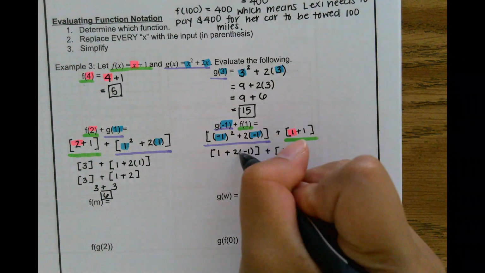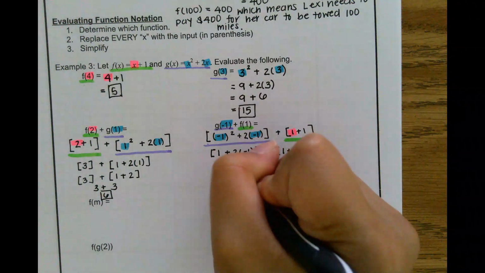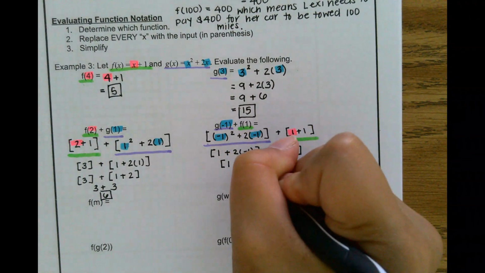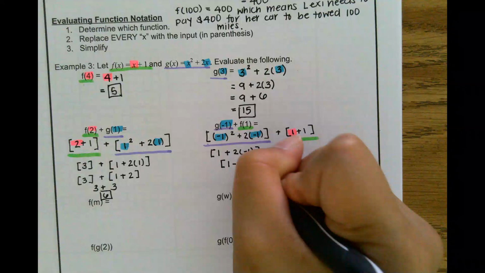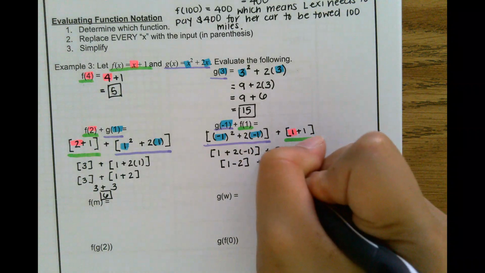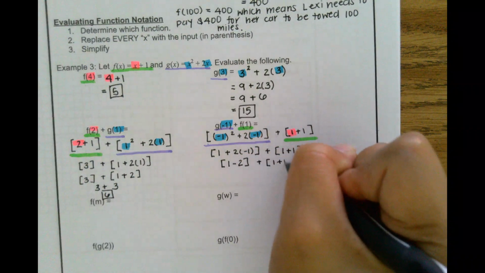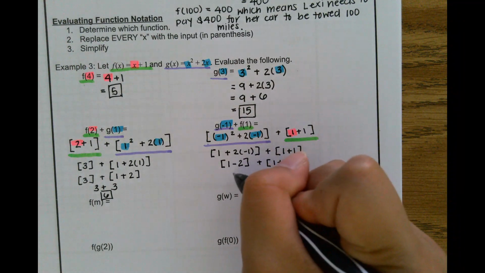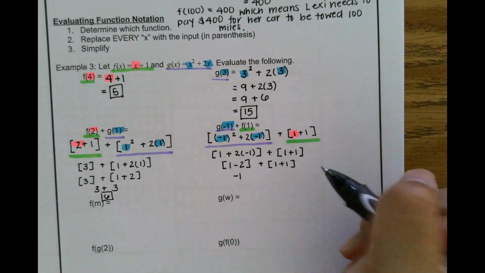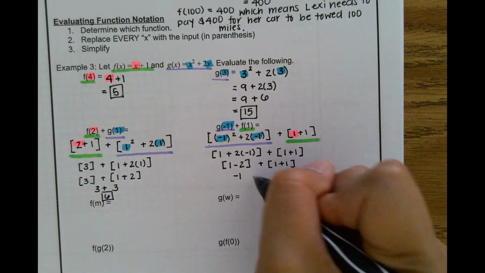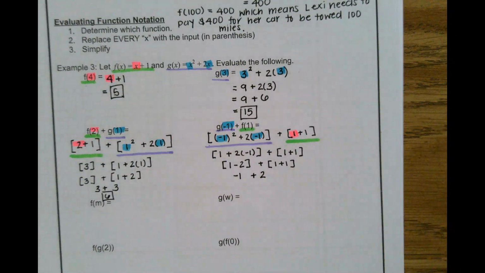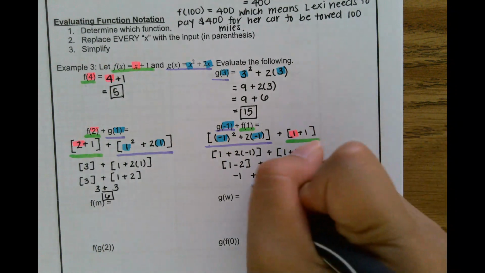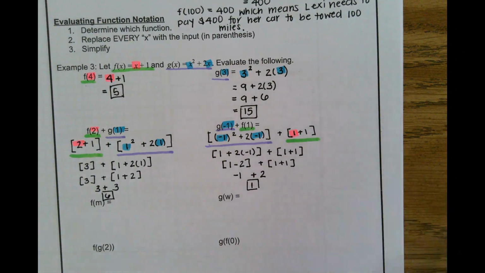So that 2 times -1 gives me -2. So I can write 1 plus -2, or another way to say it is 1 minus 2. Okay, then doing my grouping, I have 1 minus 2, which is -1. And then this grouping, 1 plus 1 is 2. So -1 plus 2. And -1 plus 2 is 1.